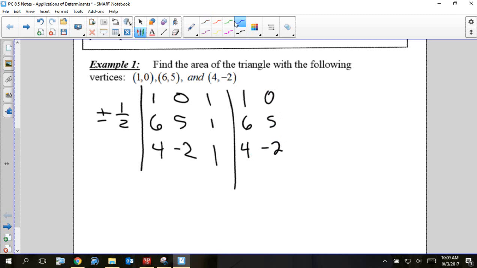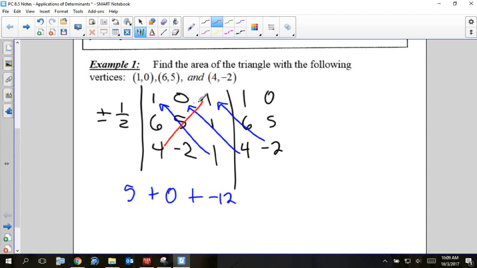And then we cross multiply up. So we'll get 5 plus 0 plus negative 12, and then we cross multiply the other direction and subtract: minus 20, minus negative 2, minus 0.